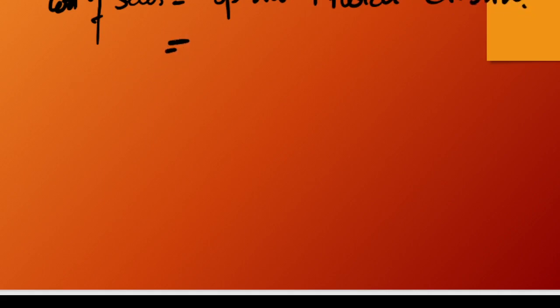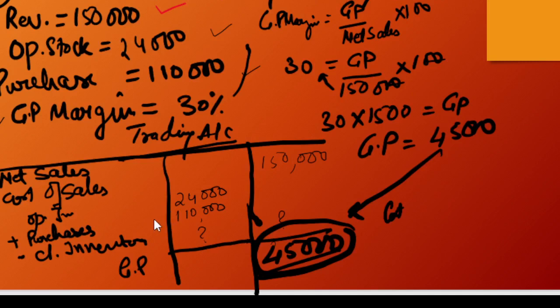Have you already calculated cost of sales? No, you have not. So 150,000 minus something, that is cost of sales, is 45,000. So 150,000 minus 45,000 is 105,000. So cost of sales is 105,000.